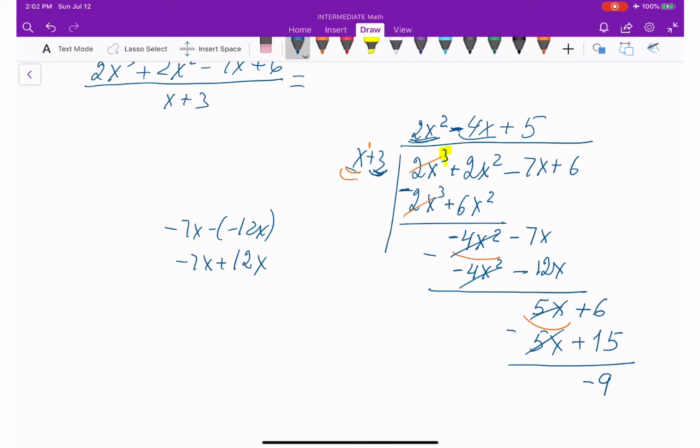So negative 9, what's the degree of negative 9? It's going to be degree x to power 0, which is 1 anyway, right? So if I write down negative 9 x to power 0, it's the same, because times 1.